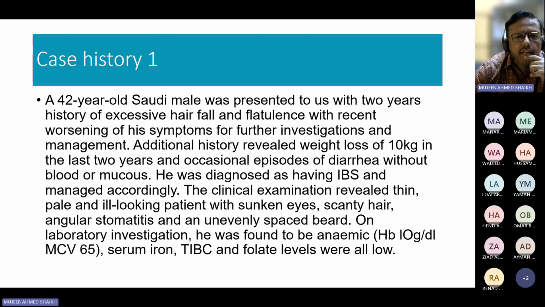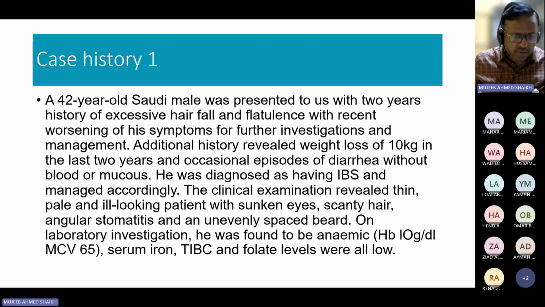The clinical examination revealed a thin, pale and ill-looking patient with sunken eyes, maybe because of diarrhea. Scanty hair, hairs are lost, with signs of angular stomatitis. Here at the angle of the mouth, you will find some inflammation.